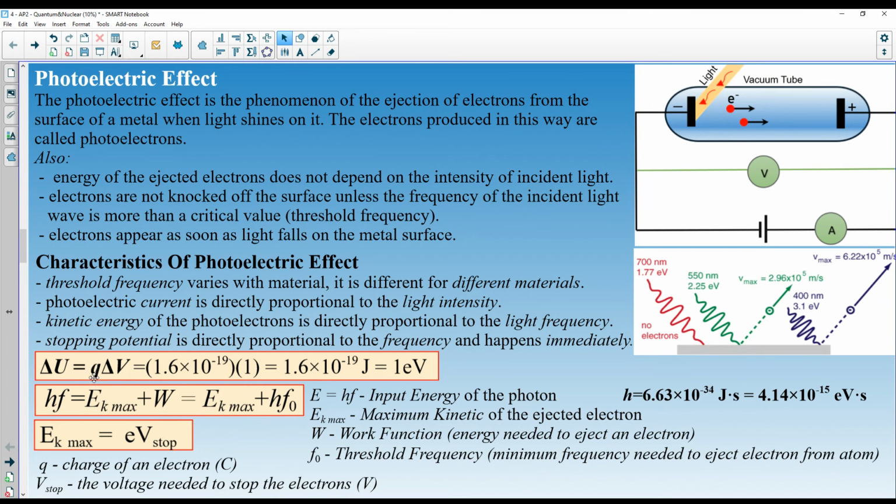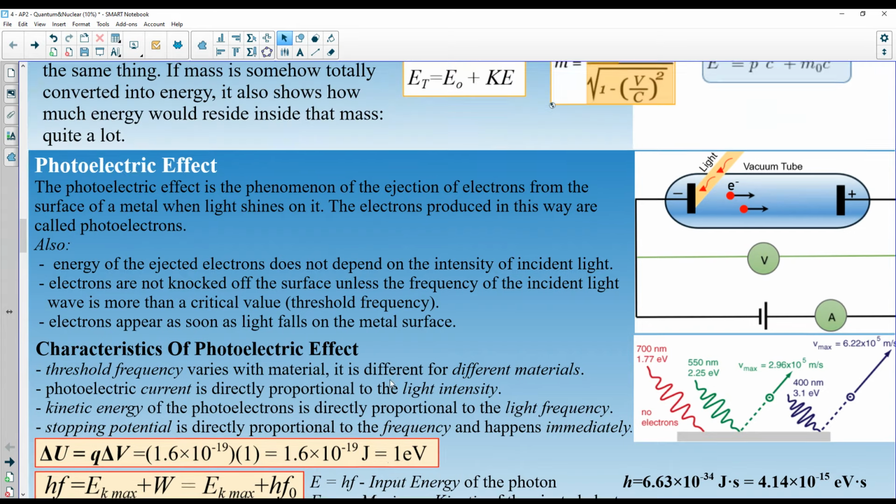When you have an electron volt, that means you take 1 electron charge and 1 volt, and that gives you 1 electron volt. So what is 1 electron volt equal to? Energy is measured in joules. So if you want to know how much 1 electron volt is, it's 1.6 × 10^-19, because the charge of an electron is 1.6 × 10^-19. So electron times volt gives you 1 electron volt.